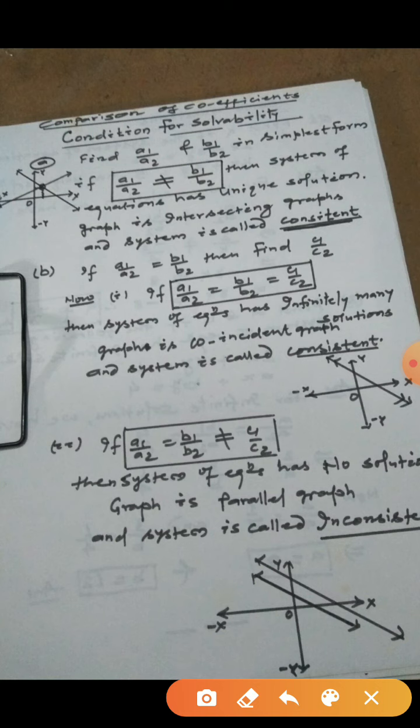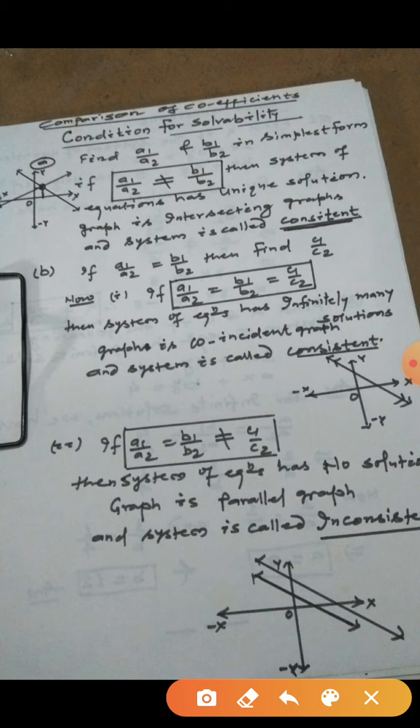If this relation comes in any pair of equations, then that pair of equations will have infinitely many solutions. It means if you solve these equations, you get many answers of x and many answers of y. So we say infinitely many solutions.